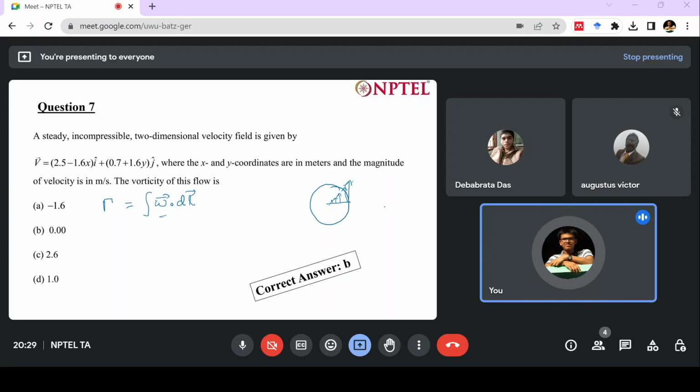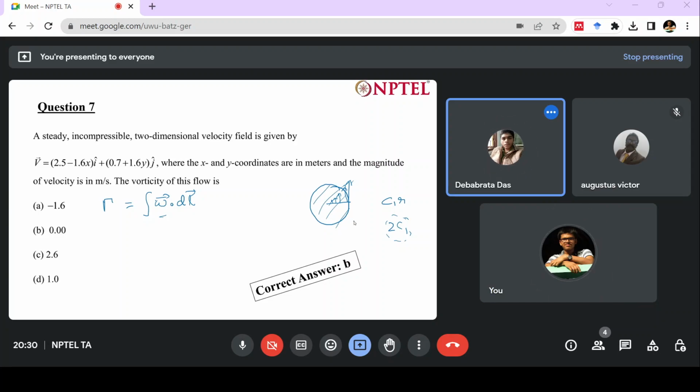If the velocity is C1 into R, then the vorticity might come out to be some 2C1, I guess, and this is constant throughout. So if you take an integration, then obviously you will get a non-zero value of circulation. Whereas that is not true for the free vortex. For free vortex, circulation will be zero.